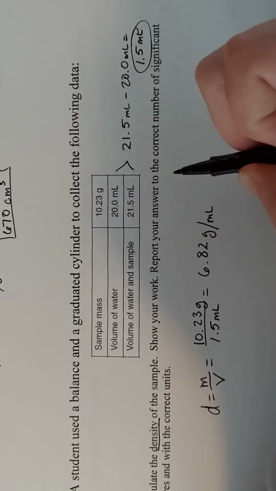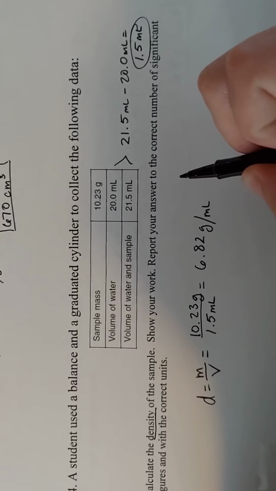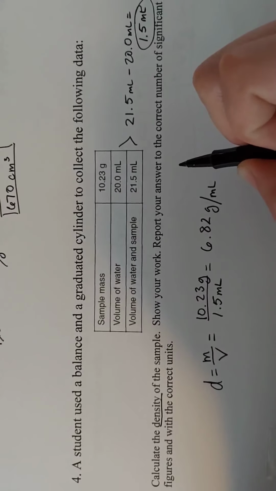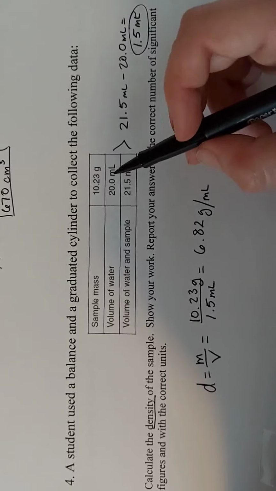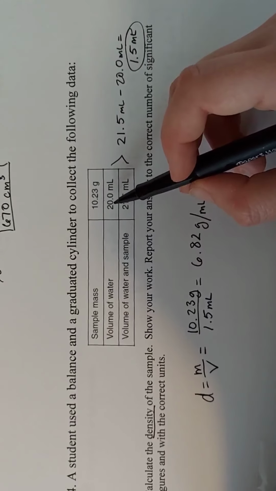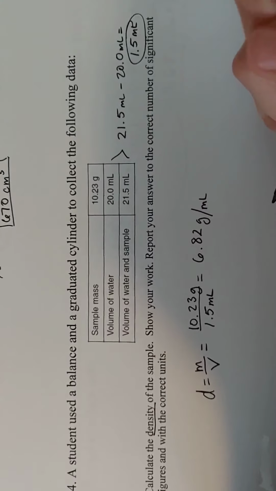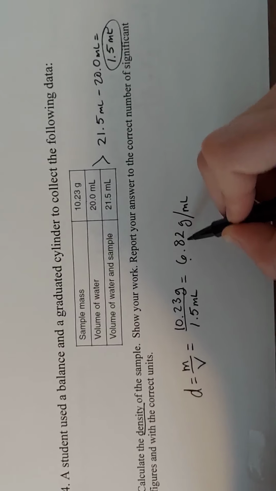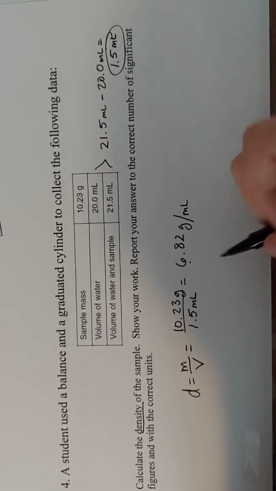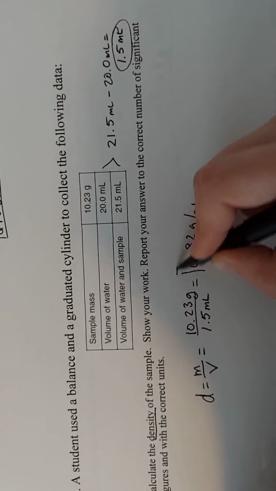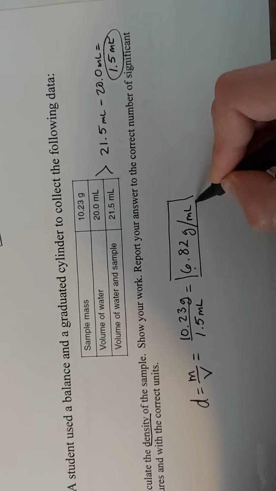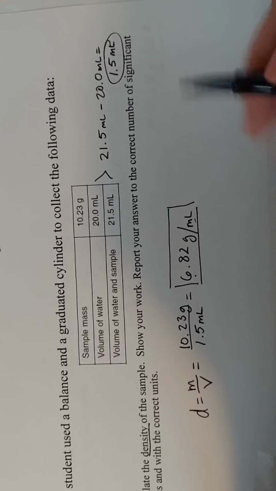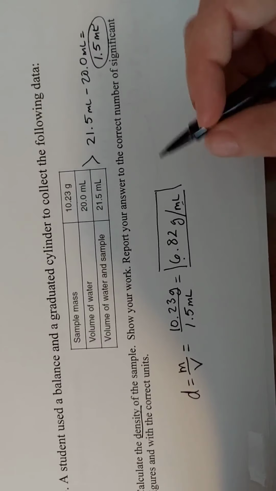When I look at the numbers that I was given, the lowest number of significant figures is 3. So I can keep 1, 2, 3. So my final answer is 6.82 grams over milliliters, which is the correct units for density.